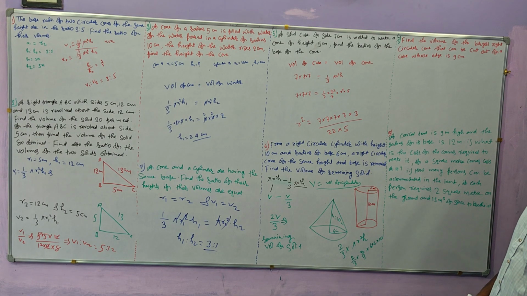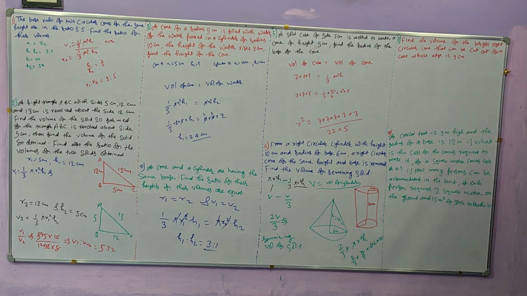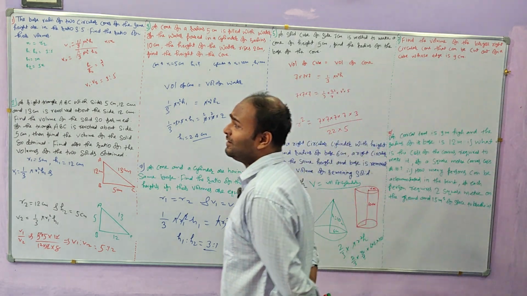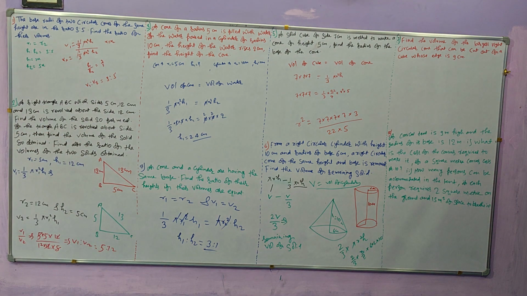In another question, find the volume of the largest right circular cone that can be cut out of a cube whose side is 9 cm. We have a cube of side 9 cm and we need to cut out a cone of the largest size.